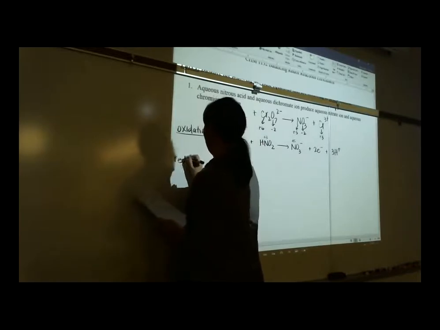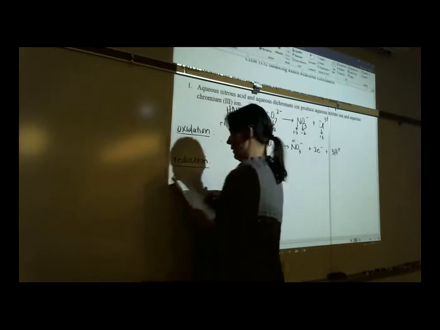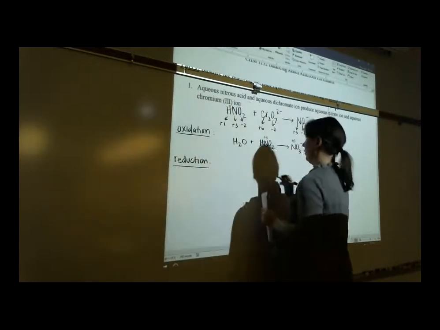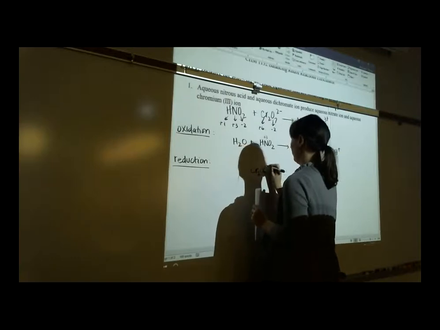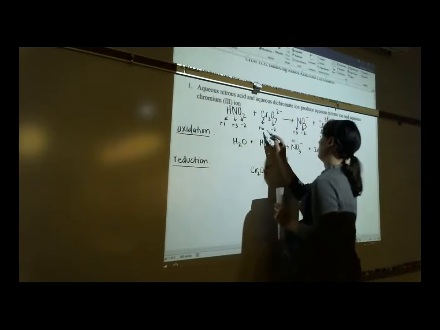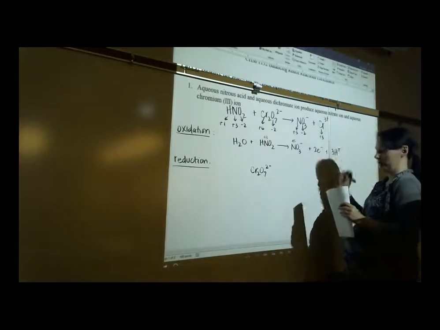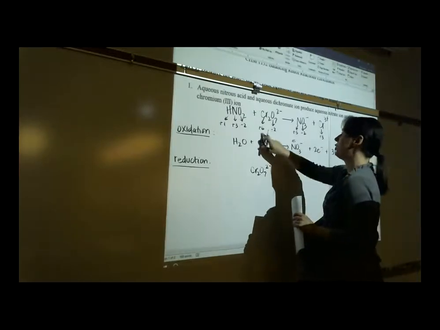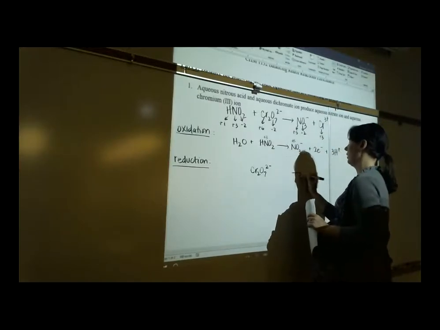All right, let's do the reduction half reaction. So we're dealing with the dichromate now. Cr2O7 2 minus, right? Because it's going from +6 to +3, so that's a gain of 3 electrons. Now, if each chromium gains, let's just draw our arrow here.